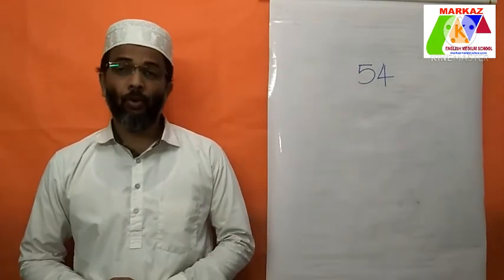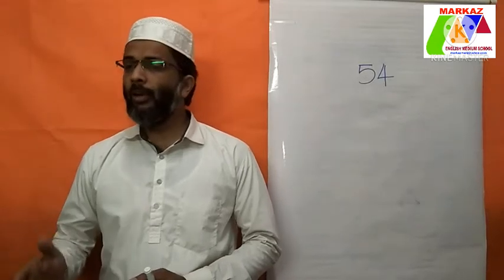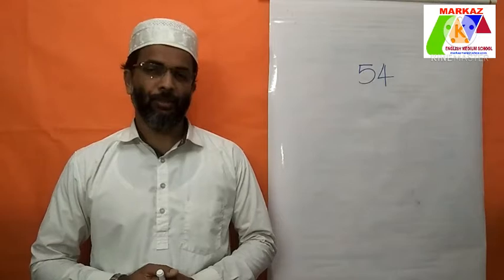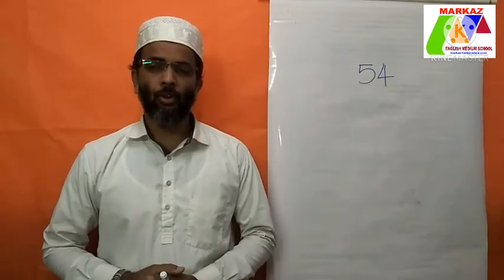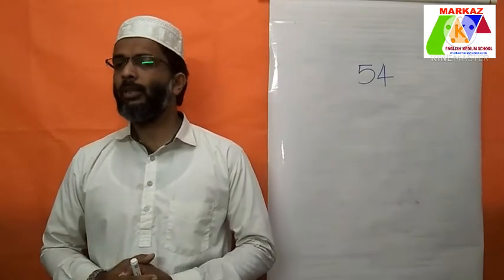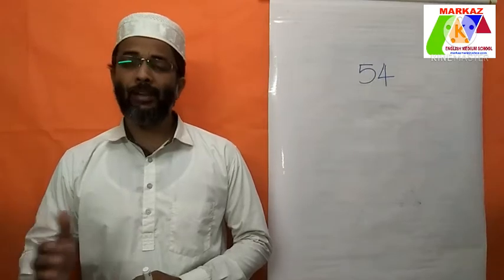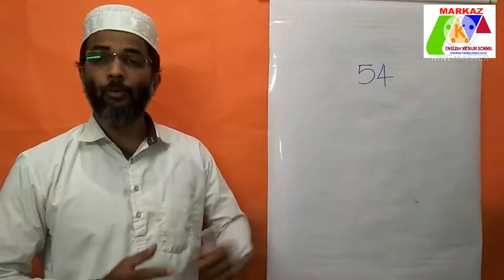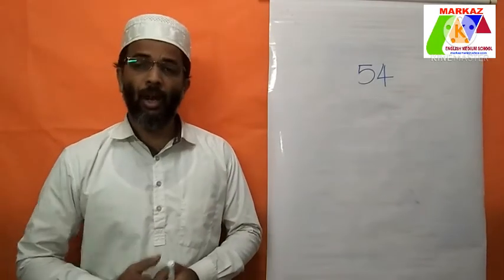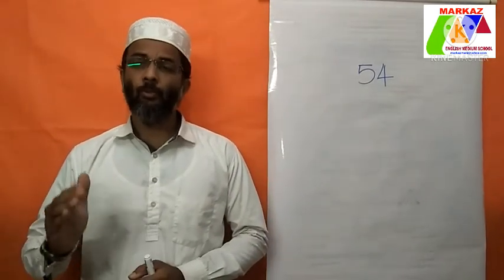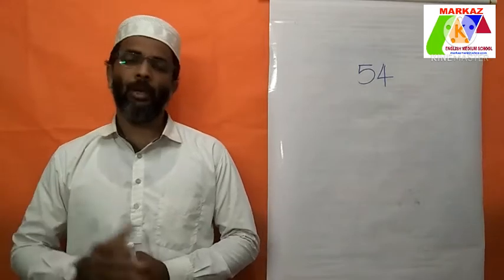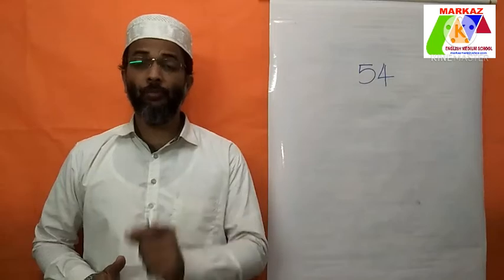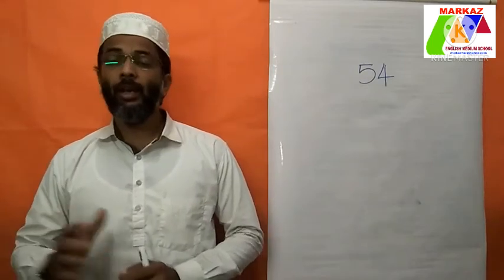So find the factors of 54 using the prime factorization division method. So we have 54. How do we start? We will find the smallest possible prime number which exactly divides 54 without any remainder.